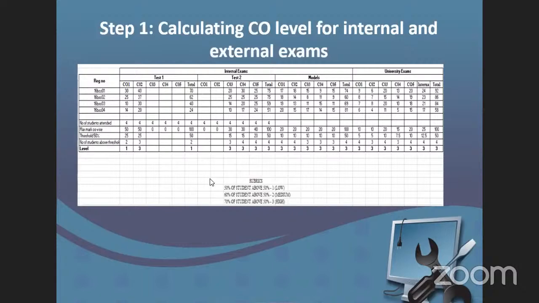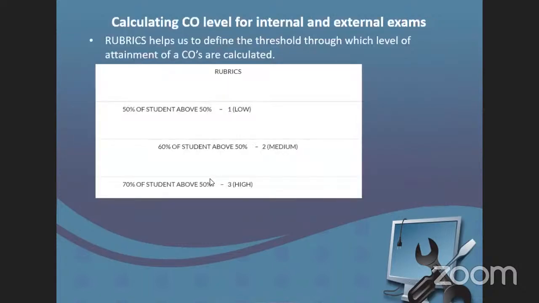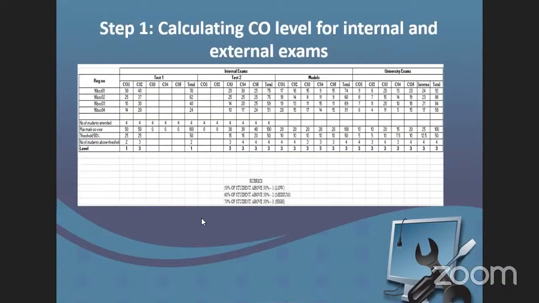What we have kept as the rubric: 50% and above got pass mark, it is 1, low. 60% and above, it is 2. 70% and above, it is 3. So here, 4 out of 4, only 2 for 50. What is 50%?